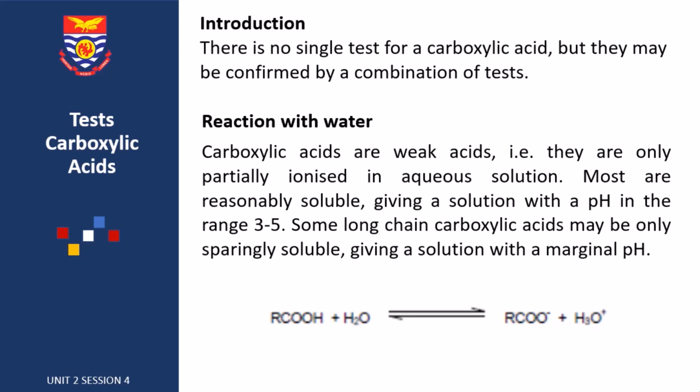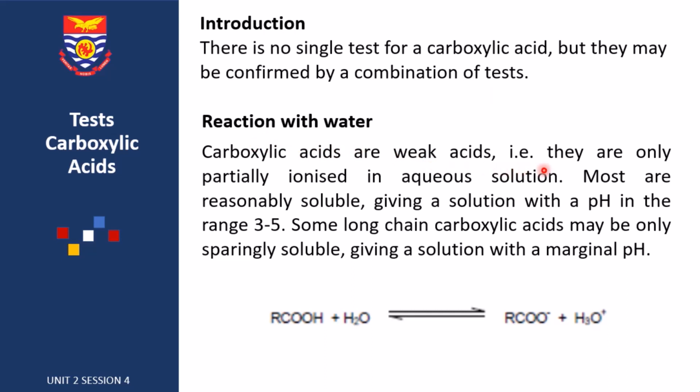So, there's actually no single test for carboxylic acid. However, they can be confirmed with a series of tests to show that yes, this unknown compound contains the carboxylic acid functional group, right? So you have the reaction with water. Carboxylic acids are weak acids, right?